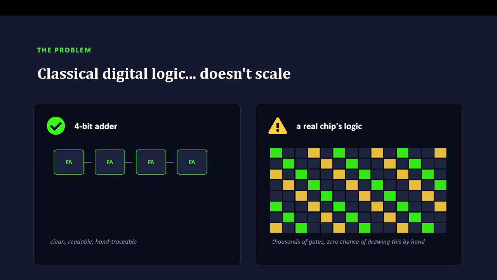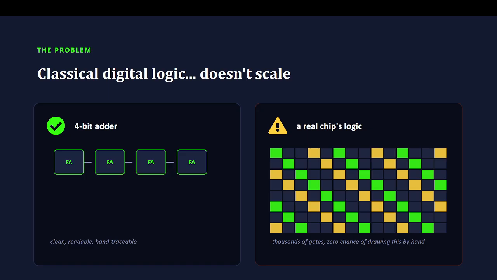Left side you can see a 4-bit adder. Clean, cute. You could sketch this on a napkin. Right side, that's what a real chip's logic actually looks like zoomed out. That's not even a real chip, by the way, that's a simplified representation and it's already unreadable.